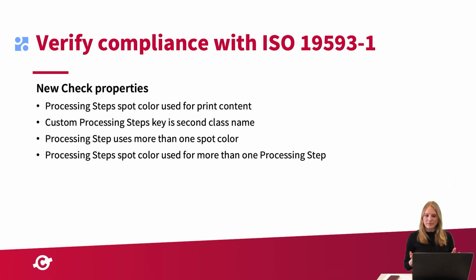As I said, it is quite specific, so I will not go too much into detail here, but just to let you know, these two profiles have been updated in pdfToolbox 16. So if you run them now, you may have another pre-flight result because, of course, we expanded them and they now cover even more requirements of the standard.